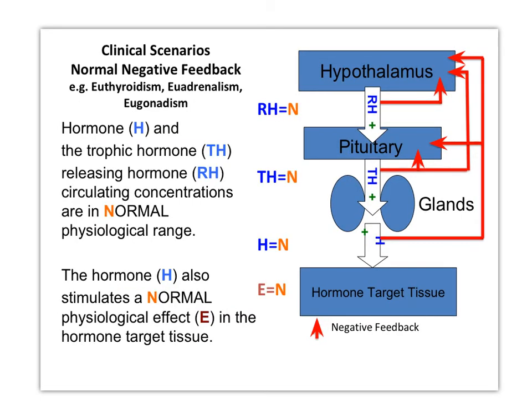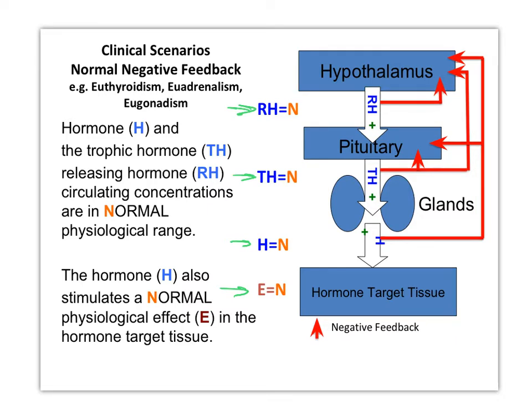So let's take a look at what we call the euthyroid or euadrenal or eugonadal system. That is the normal negative feedback functioning in a healthy animal. All we've done here is to denote what the levels are of the releasing hormone, trophic hormone, and the effect on the target tissue.